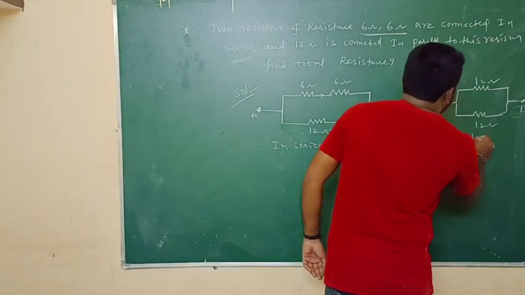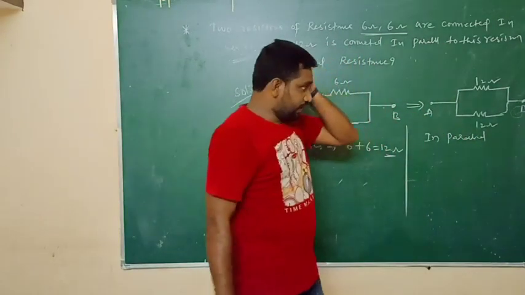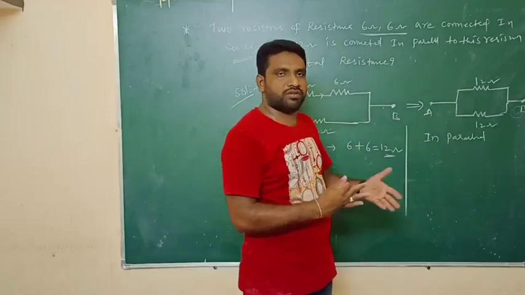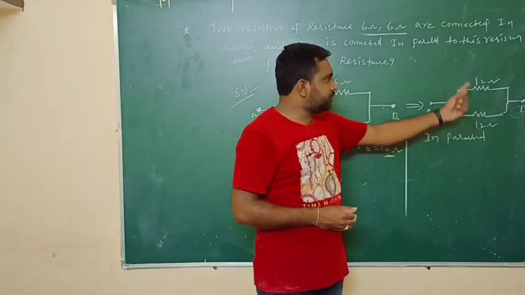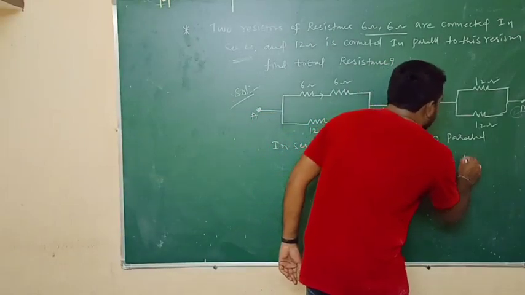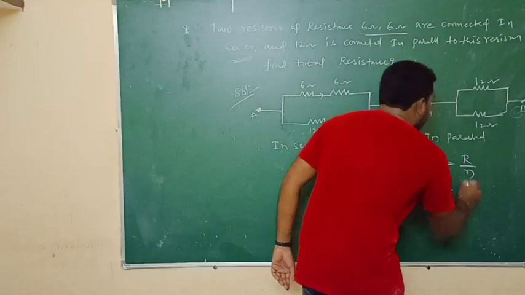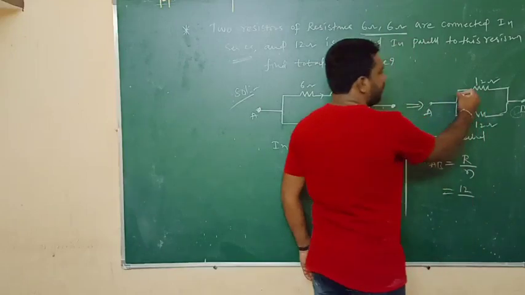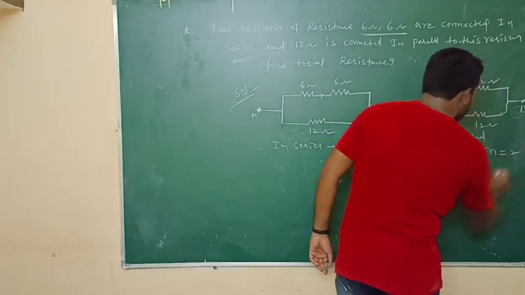We know that in a parallel combination, if we find 2 resistors or 3 resistors, whatever, more than one resistor, if they have the same resistance, the principle becomes resistance between AB, R_AB equals R by N. Here R means 12. How many resistors are there? 1 and 2. So N equals 2.